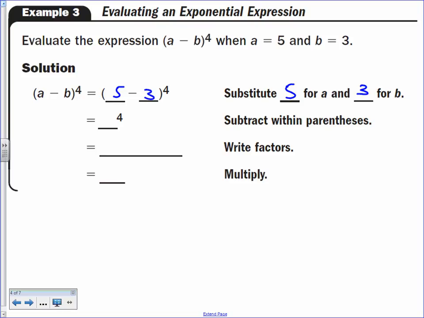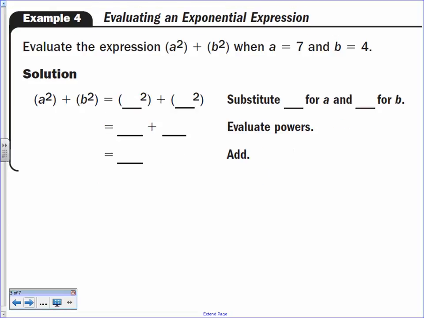The order of operations is I have to do what's inside the parentheses first, right? So that's going to be 2. Write the factors or the meaning. Okay, I can do this real quick. That's 2 to the fourth, which is 16. You got it? Pretty simple, huh?